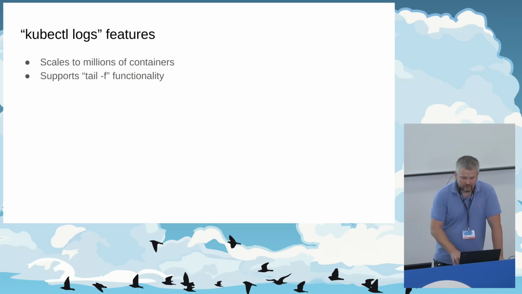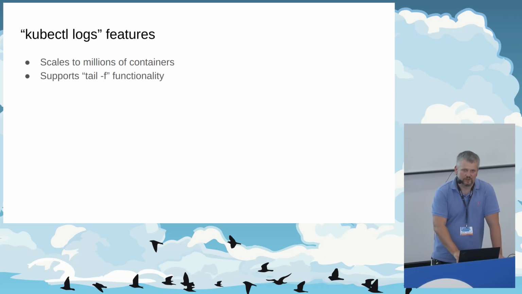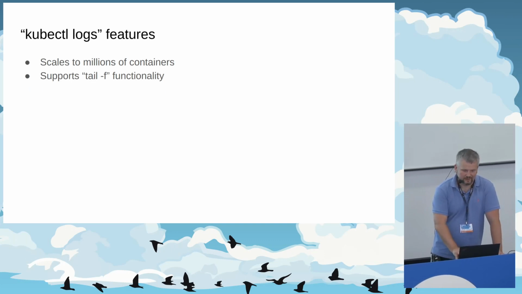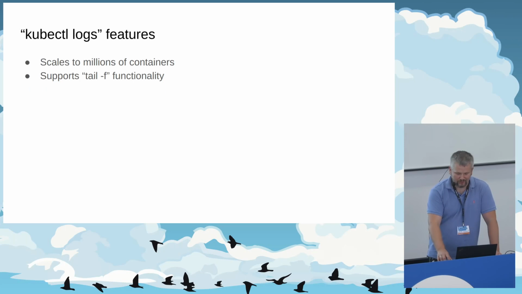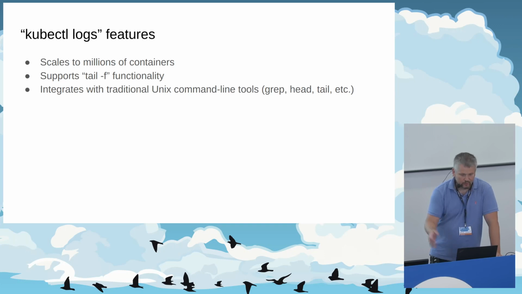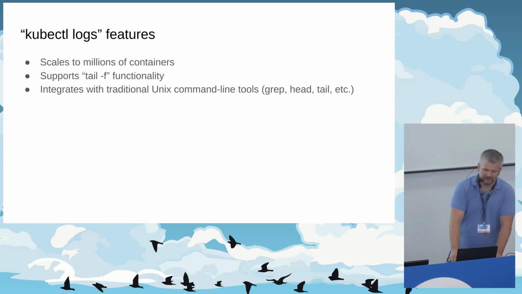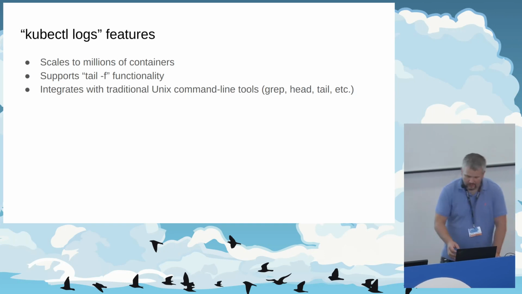kubectl logs allows following logs for running containers. It supports tail -f functionality. That's great for debugging currently running containers. And kubectl logs integrates with traditional Unix command line tools such as grep, head, tail, and so on.